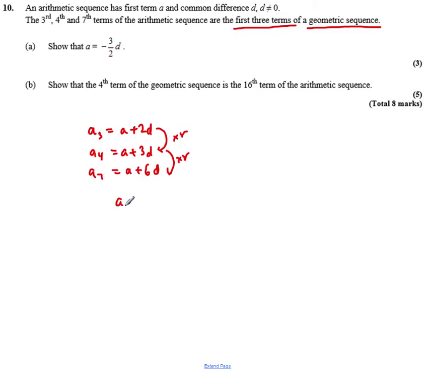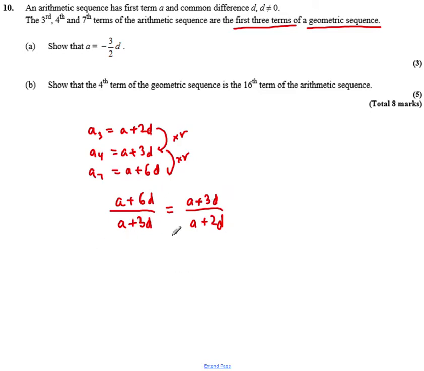So what this tells us is that if we divide the seventh term by the fourth term, we get the same thing as if we divide the fourth term by the third term, because this divided by this is r, and this divided by this is r, and therefore these things are equal.